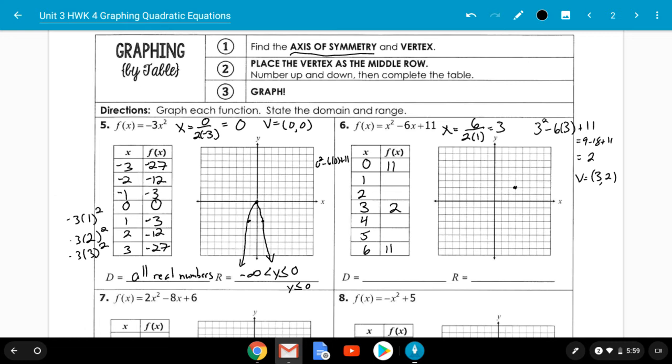Let's do 1. 1 squared minus 6 times 1 plus 11. 1 squared is 1, minus 6 is going to be negative 5, plus 11 is going to be 6. Well, that helps us out actually, because 6 is going to be able to graph.